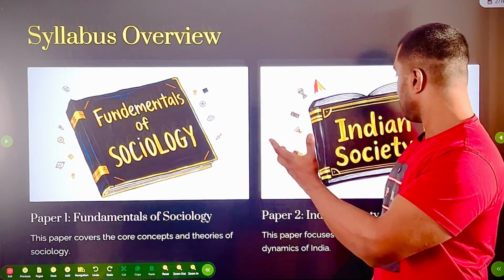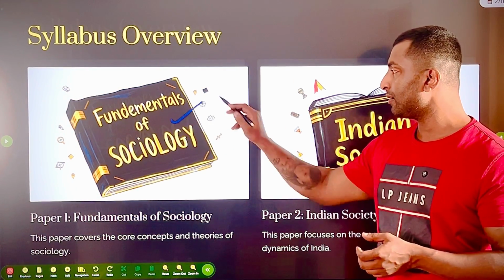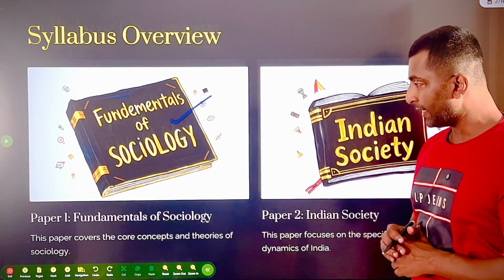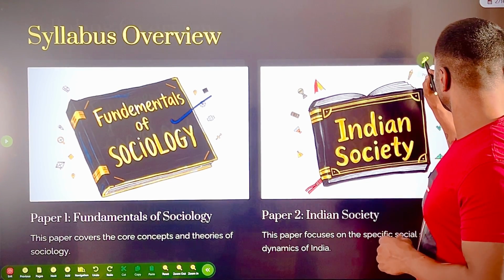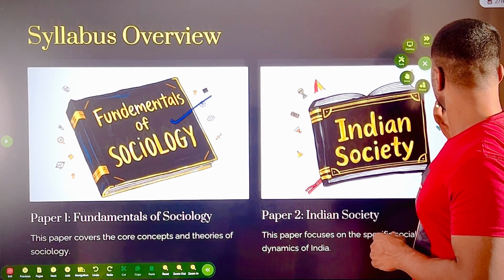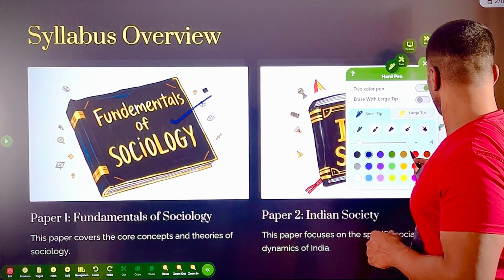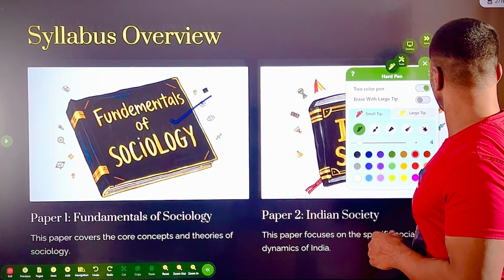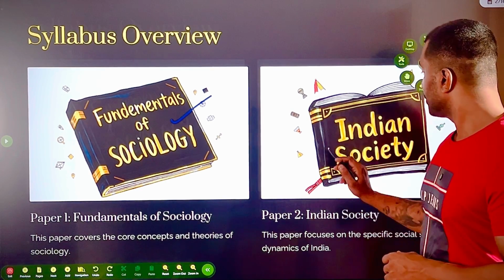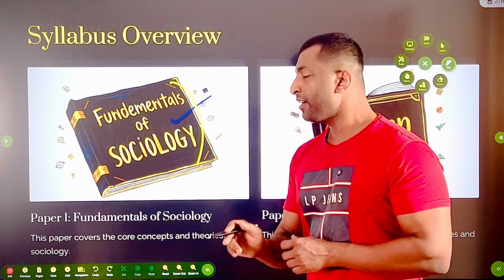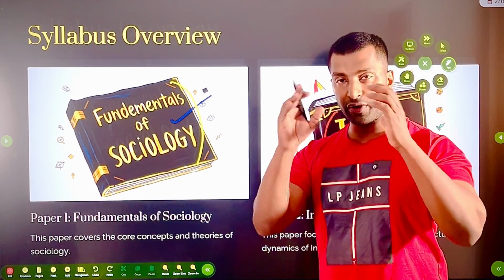So we have paper 1, fundamentals of sociology, and then paper 2, Indian society. In paper 1 you discuss the overall concepts.